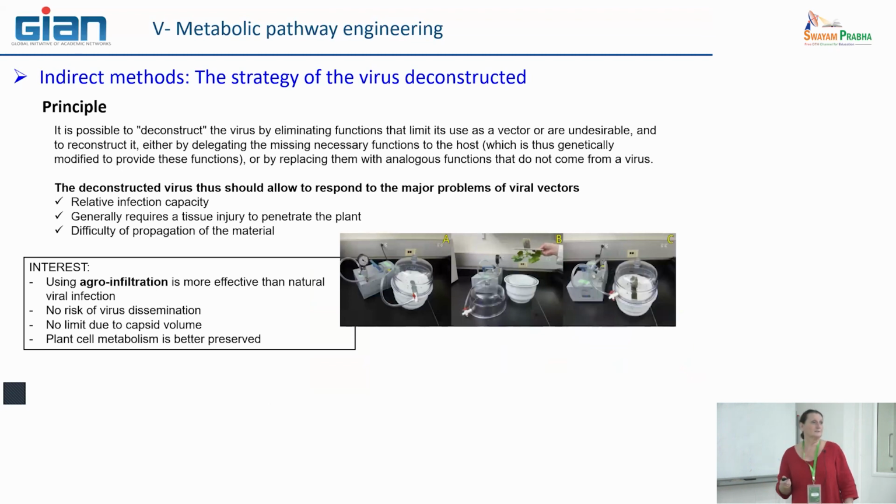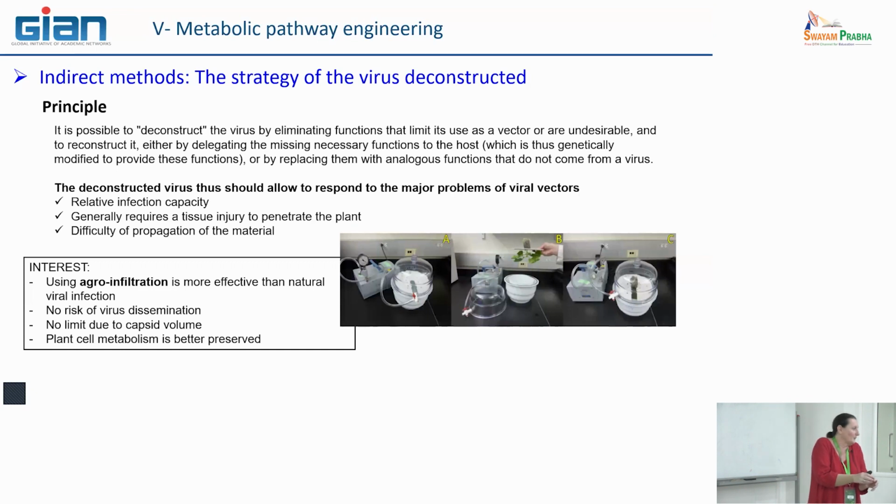Sometimes it is quite difficult to agro-infiltrate a large number of plants. So we use a sort of vacuum system. It's quite easy. You put your plant under, you see, in the box. You remove all the air. And if they are in contact with Agrobacterium, what happens?